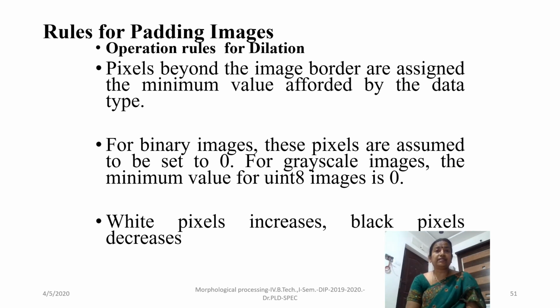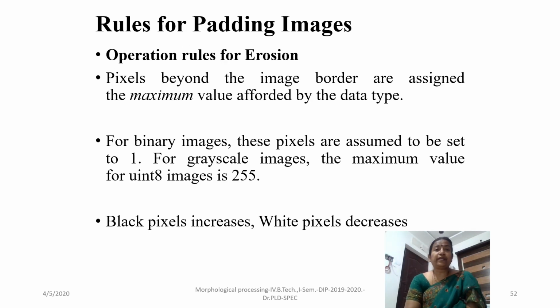For grayscale images, the minimum value for uint8 images, that means for 8-bit images, is again 0. White pixels increase and black pixels decrease in the case of the dilation operation. This particular point you should remember: white pixels increase and black pixels decrease. And erosion is actually the reverse operation of dilation.